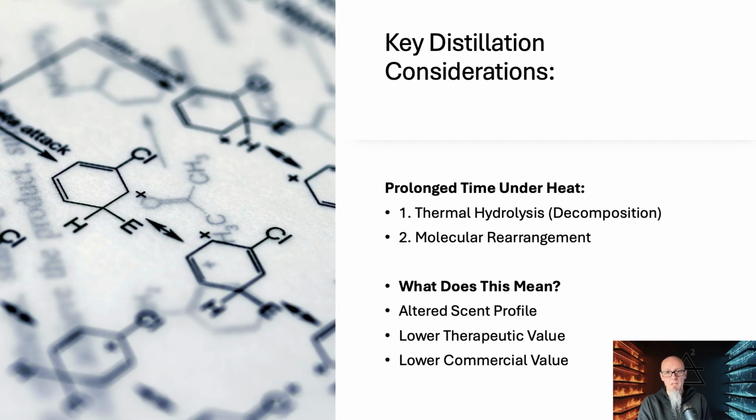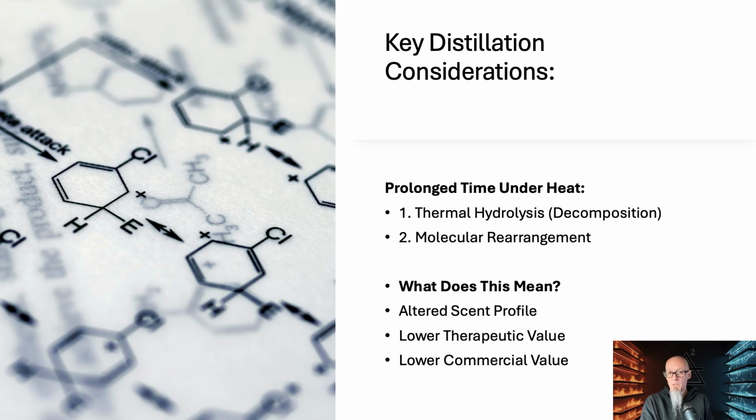This forces the linalyl acetate to undergo thermal hydrolysis, and the ester bond breaks, converting the linalyl acetate into linalool, right? And acetic acid. Okay, and so this right here is where you're going to start to get funky smells and some other things.